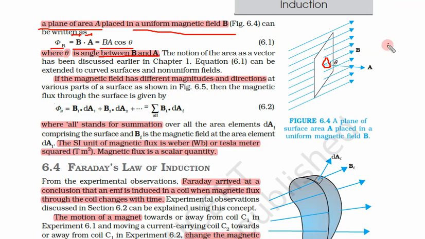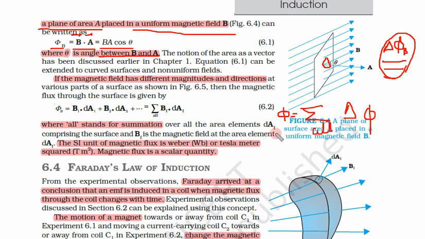So every area will contribute a smaller chunk, that means delta phi B, a small part from each of them, and at last we sum all of them. So this is how we get it. So again this delta phi B is B1 into delta A1 or dA1, B2 into dA2 and so on.